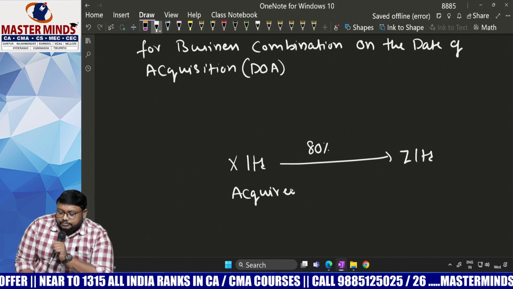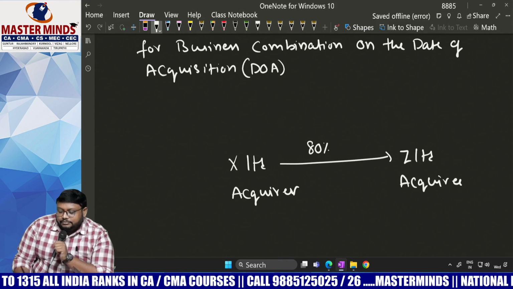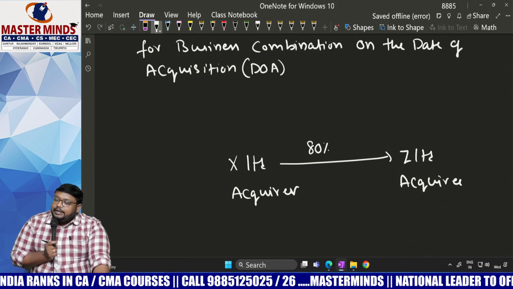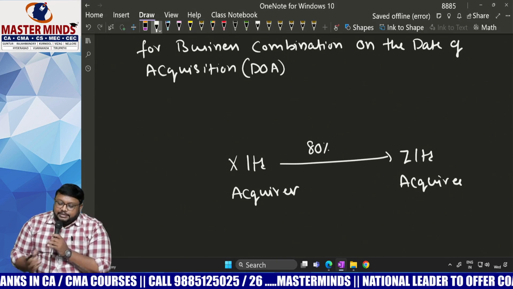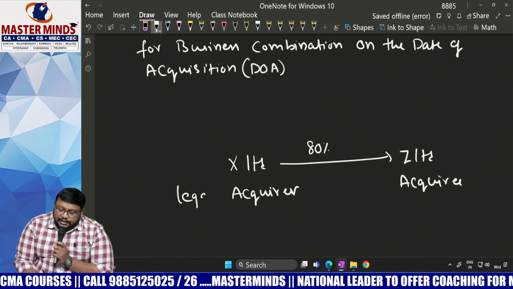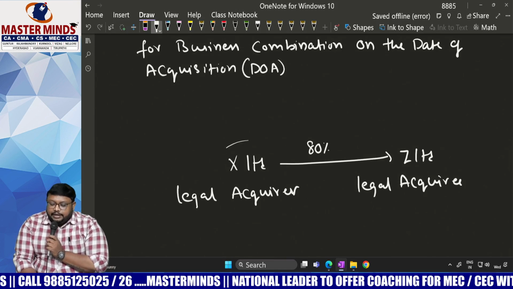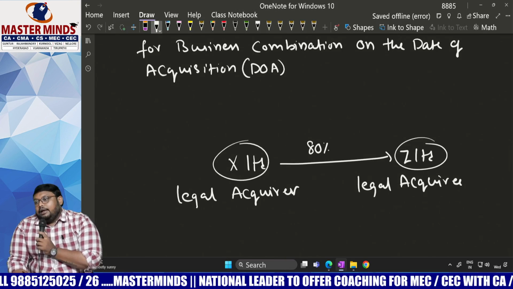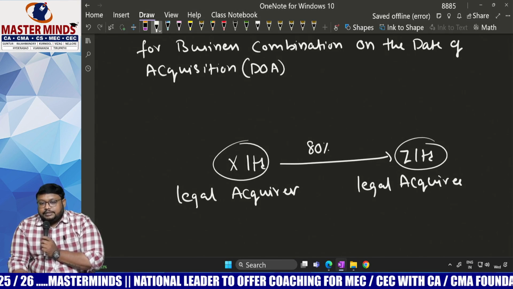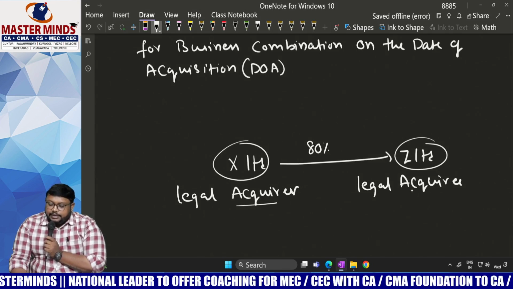Can I say these are the legal acquirer and legal acquiree? X Limited is the legal acquirer, Z Limited is the legal acquiree, because X Limited holds more than 50% of stakes.